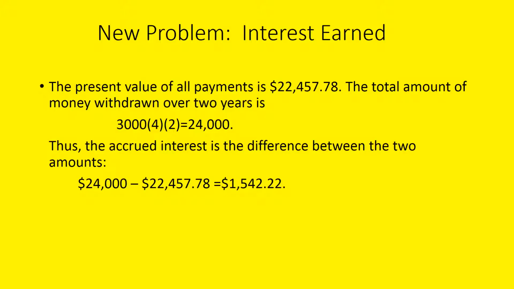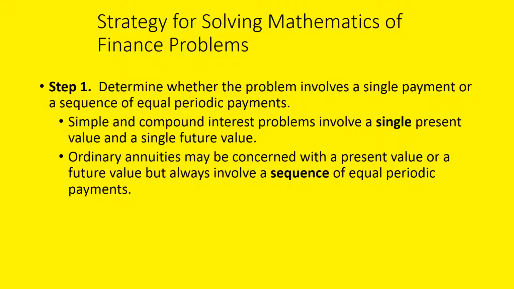And so we're starting to understand the idea of present value as opposed to future value. And Barnett gives us a helpful strategy for solving mathematics of finance problems. Determine whether the problem involves a single payment or a sequence of equal periodic payments.